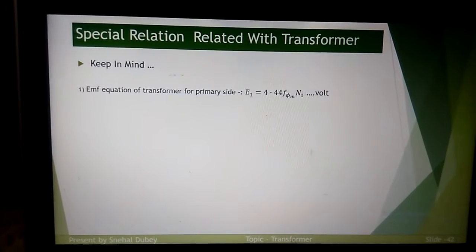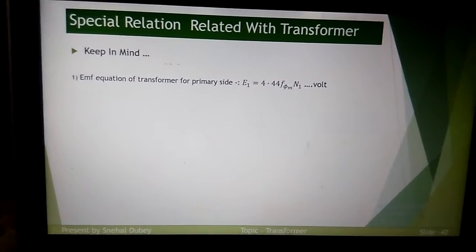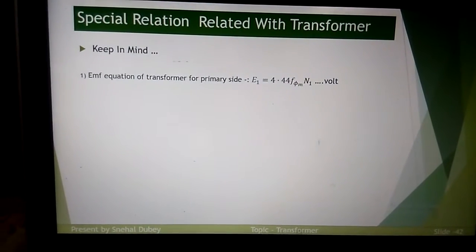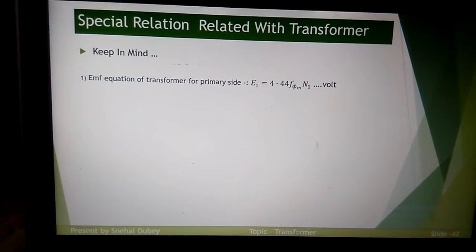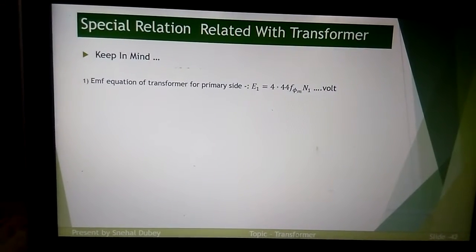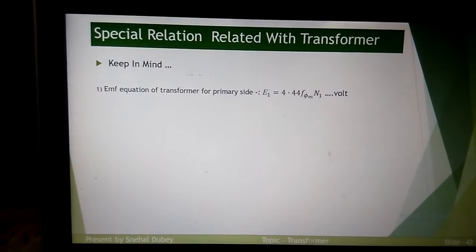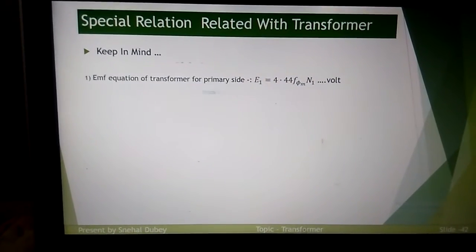The first one is the EMF equation of transformer for primary side, that is E1 is equal to 4.44 F into phi M into N1 volt, where F is the frequency of supply, phi M is the maximum flux flowing in the core, and N1 is the number of turns in primary winding.